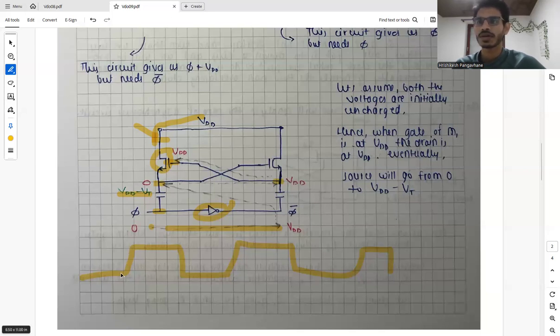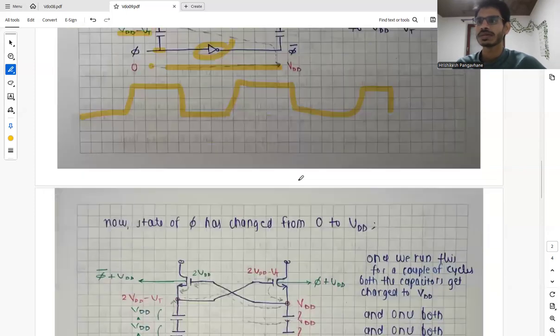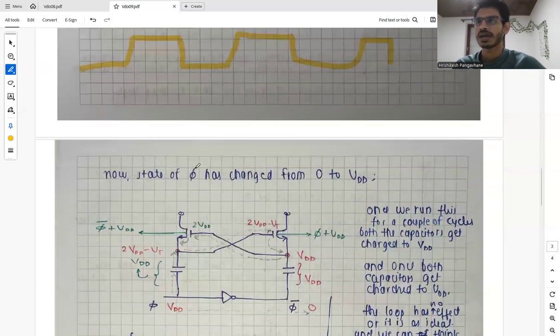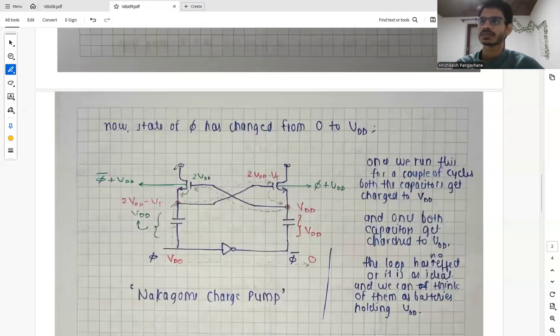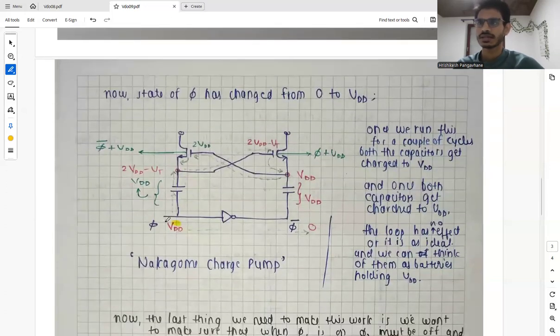Now what happens when the phase goes from hold to track phase? The state of phi has changed from 0 to VDD, right? So it was 0, now it has changed to VDD. So now phi has the absolute value of voltage VDD, and then phi bar will be 0.